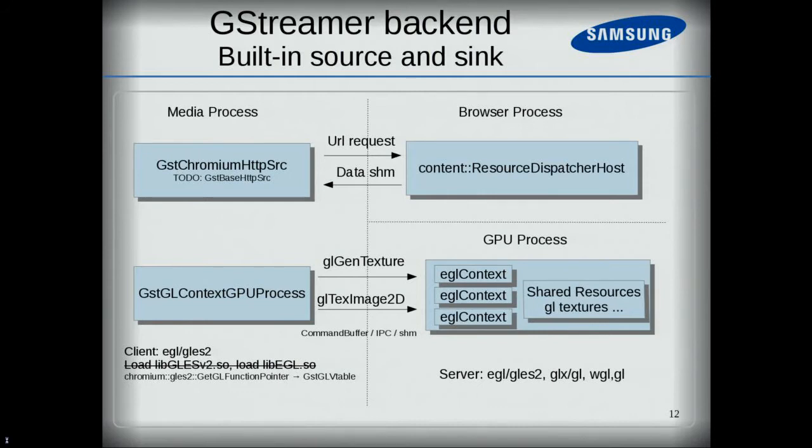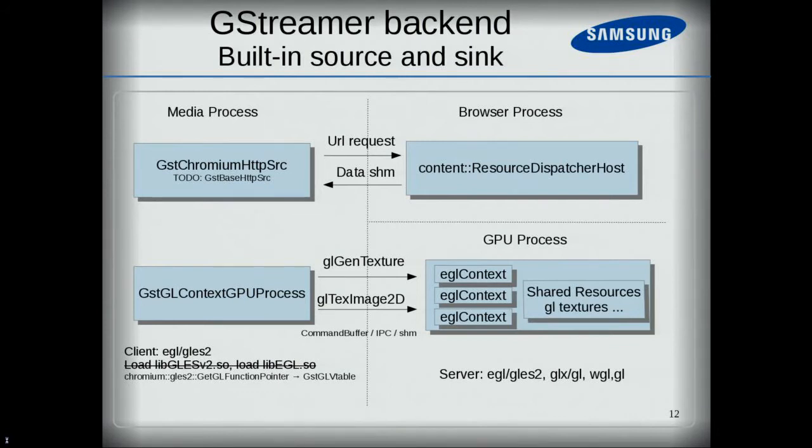So this is the purpose of the context here. And then when you actually call a GL function, it's serialized and sent through IPC, command buffer and shared memory to the GPU process, where the real call happens. And everything is asynchronous.